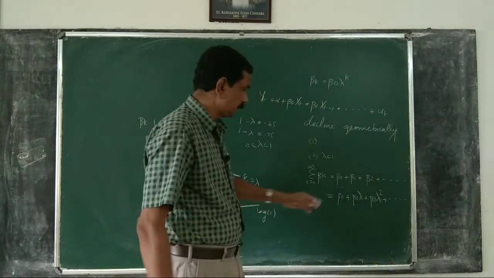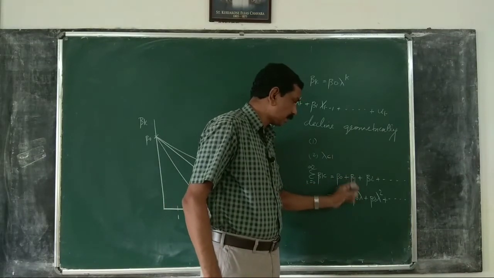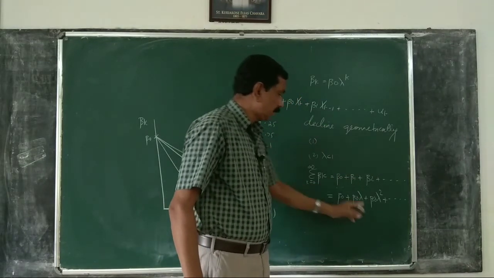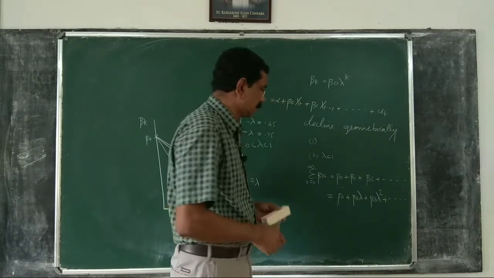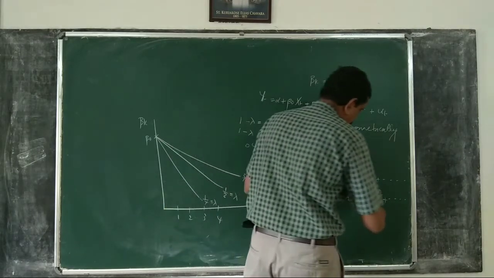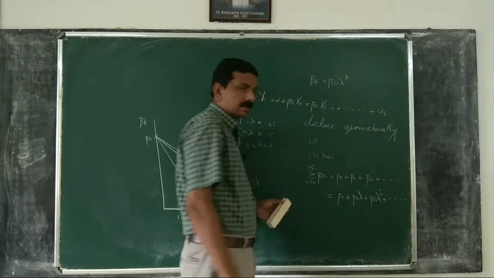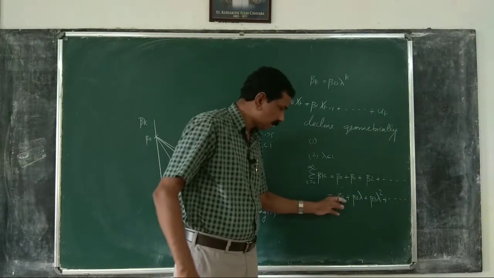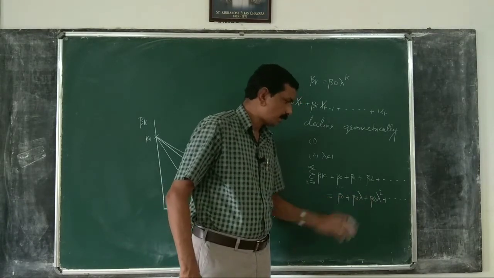Beta 0 plus, since beta 1 is beta 0 lambda, beta 2 is beta 0 lambda square, etc. And you can see that this is an infinite geometric progression with the first term beta 0 and common ratio lambda.